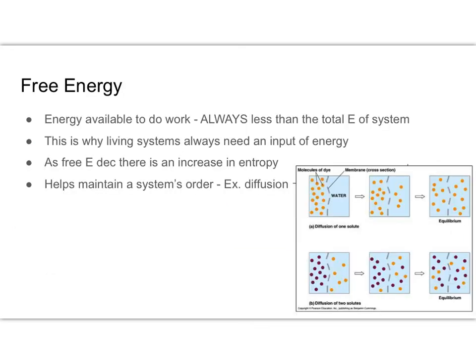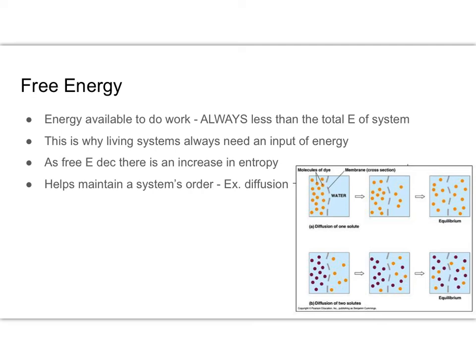So this free energy, this energy that's available to do work, it's always going to be less than the total energy of the system. Again, we need that constant input of energy. And this is why we don't have enough energy available to do work in our system, available to do the amount of work that we need to do in our system.